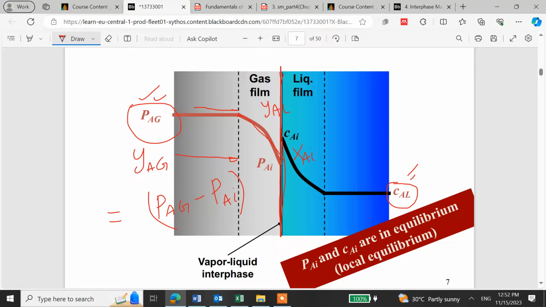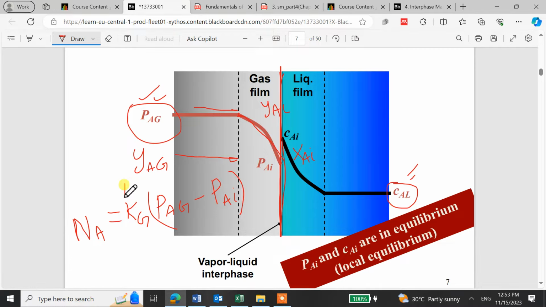Now if you want to write a flux equation, flux is mole per unit area per unit time. So we need a proportionality constant, right? That will be kg. This is small kg, which is the mass transfer coefficient based on gas.